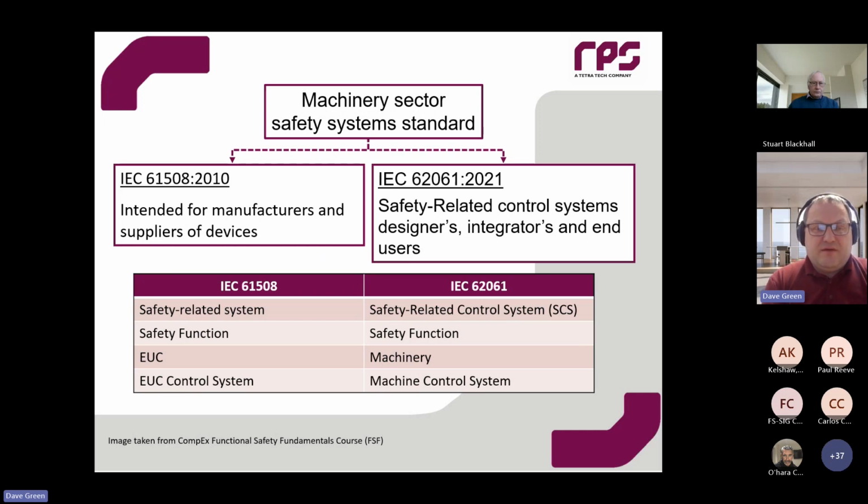But this is just a bit of a translation between 61508 terms and 62061 terms. Our safety function remains a safety function. Our equipment under control is our machinery, and our equipment under control system is our machine control system. So just a bit of a translation if you are used to one of the standards and not the other one in there.